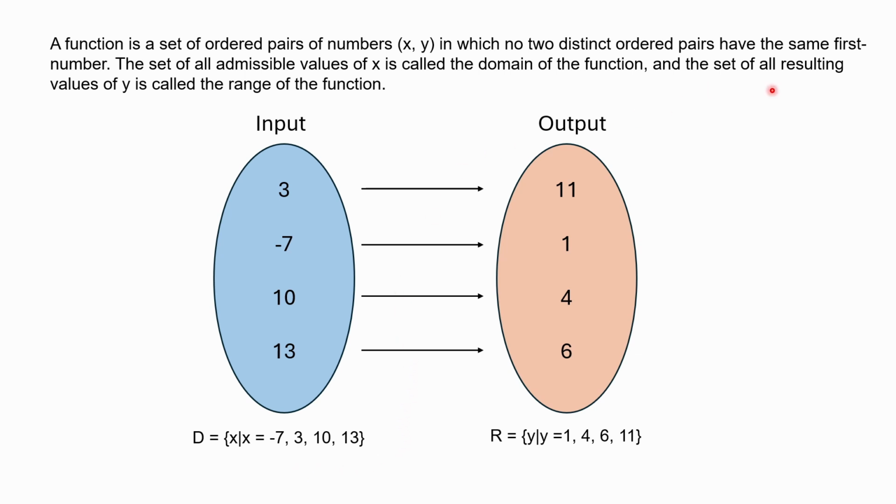And the set of all resulting values, which means when we use the domain of x, we have this result, and the results are the range. So we can see that the output gives answers of 1, 4, 6, and 11. So we can write the range as {y such that y is equal to 1, 4, 6, 11}.